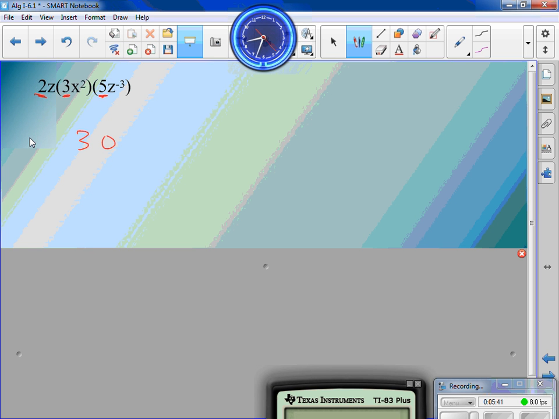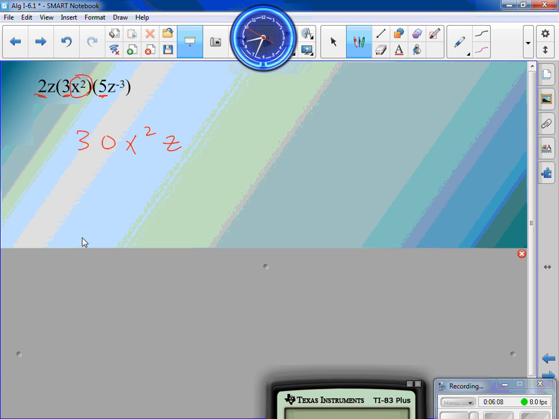When we talk about the variables, we always talk about them alphabetically. What comes first? How many x's do I have? I just have this one here, and x squared goes right here. I also have a z here and a z to the negative 3.